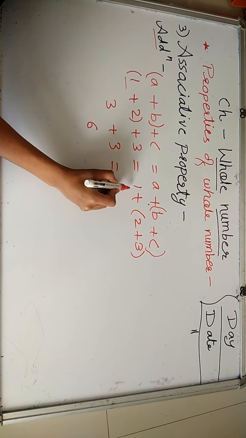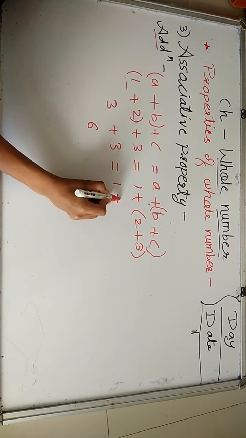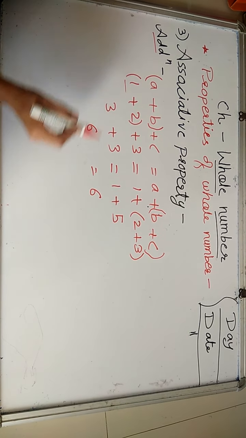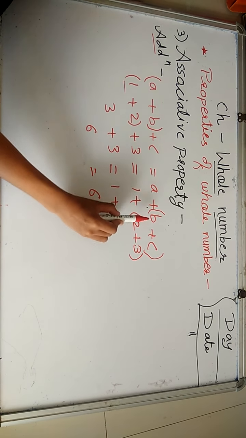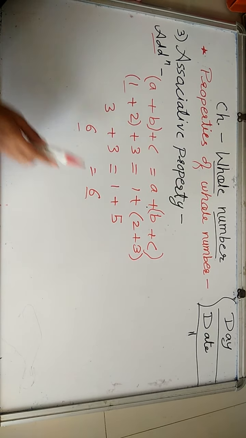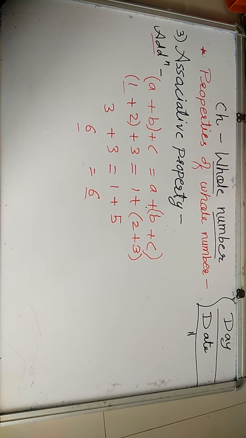Now here we will add the last two numbers first, so write the first one as it is. 2 plus 3 is 5, 1 plus 5 is 6. If you observe, the answer remains the same. Whether you add the first two numbers and then add the third, or add the last two and add the first, their answer remains the same. It is called associative property for addition.